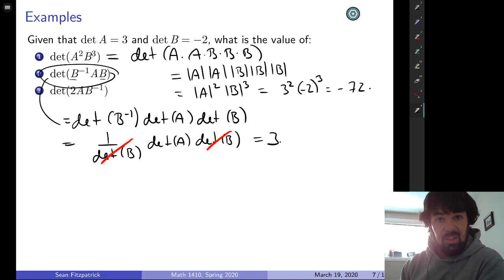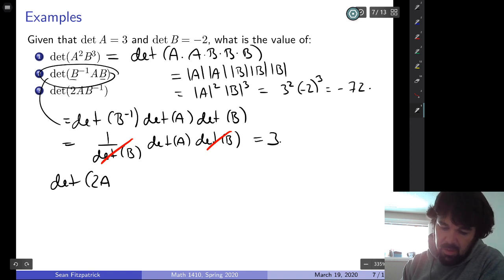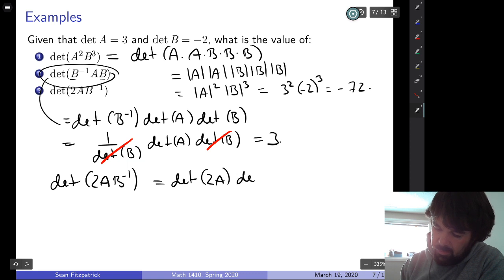We'll show later on that they also have the same eigenvalues. And finally, for that last one, the determinant of 2A times B inverse, I can write as determinant of 2A times determinant of B inverse.